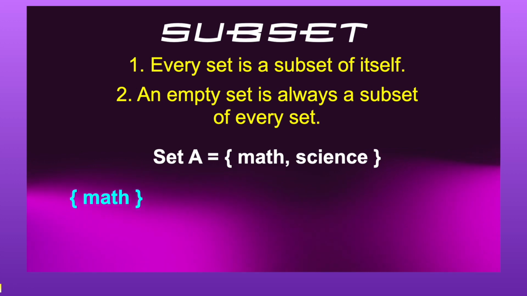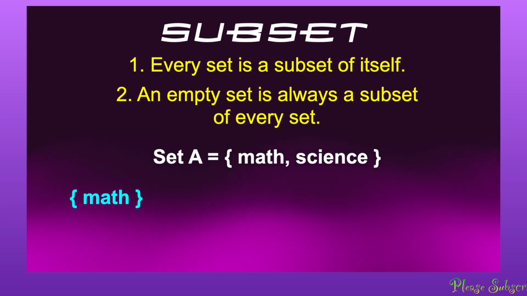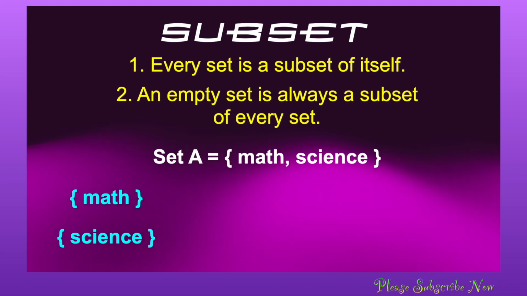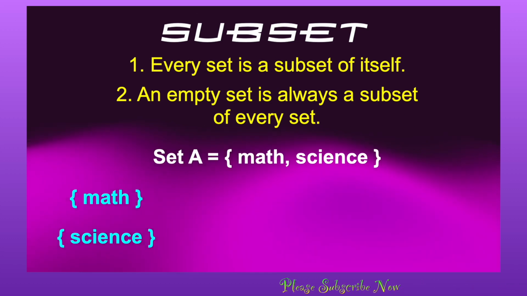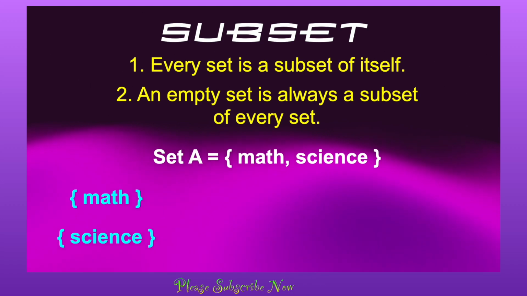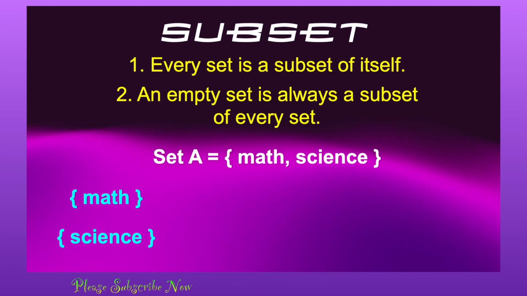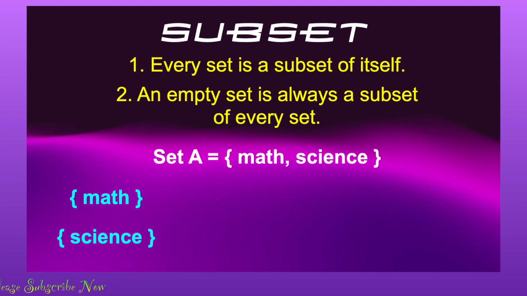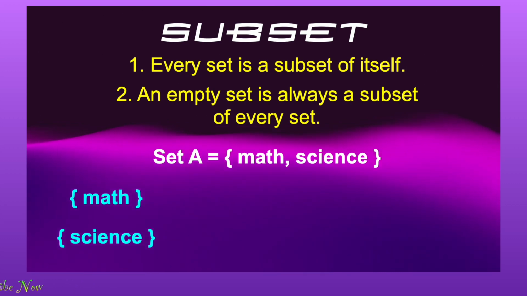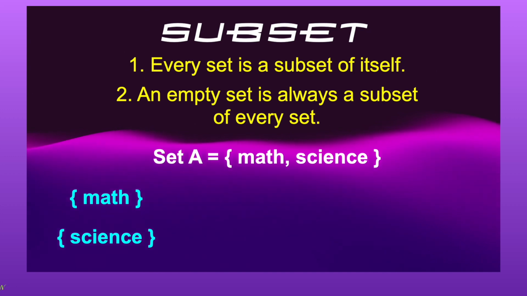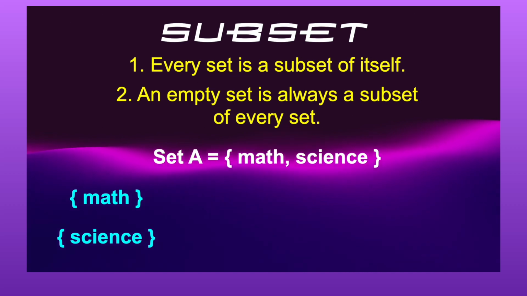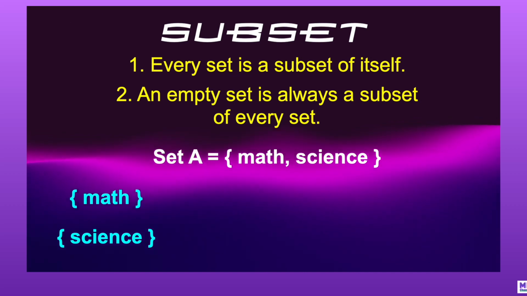A set containing math is a subset of set A because math is an element of set A. The set containing science is also a subset of set A because science is an element of set A. And according to the first fact about subsets, every set is a subset of itself.